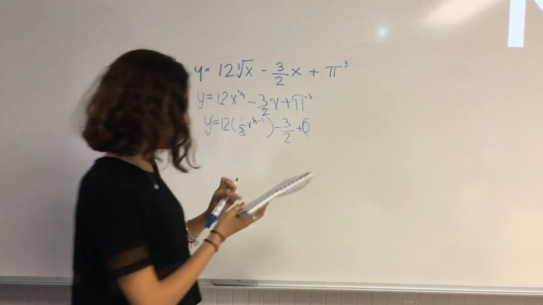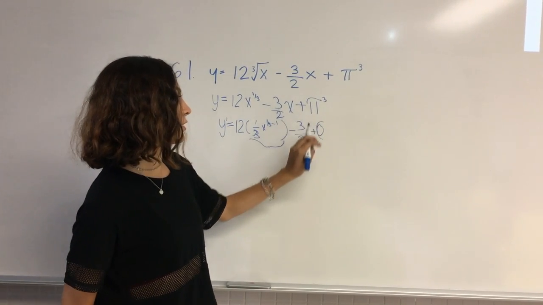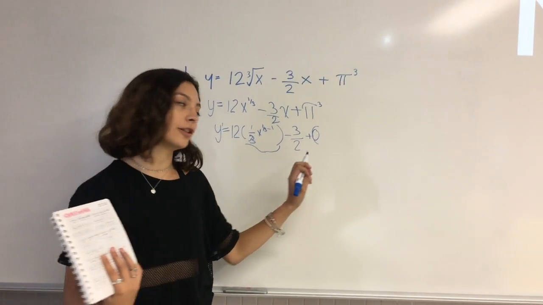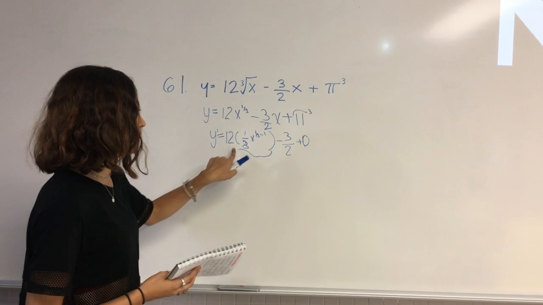So this is the power rule, this one, and that pi becomes a 0 because it's not a variable. And now we're able to simplify.